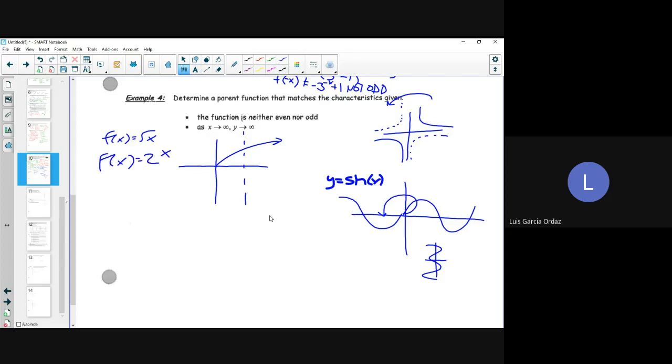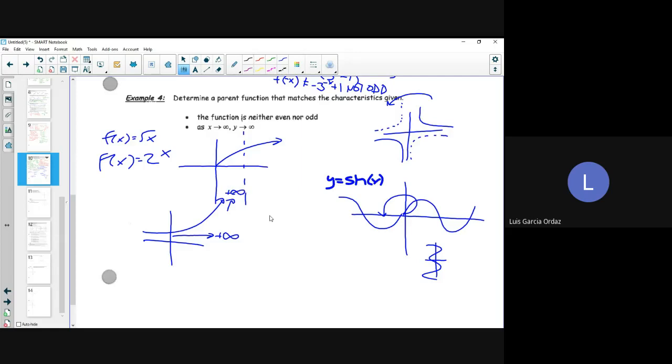It does hold true, because it's only giving us the statement as x approaches positive infinity, y approaches positive infinity as well. So for exponential, as it approaches the positive x values, it approaches positive infinity.